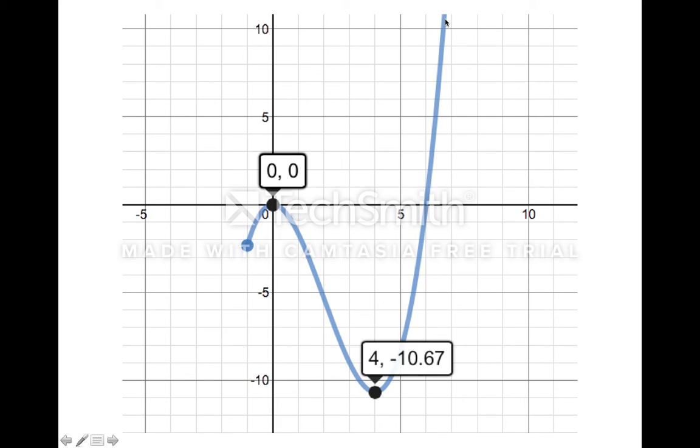The function has no absolute maximum because it's going off to positive infinity. The domain of the function is from negative 1 to infinity. The range of the function is from negative 10.67 to infinity.